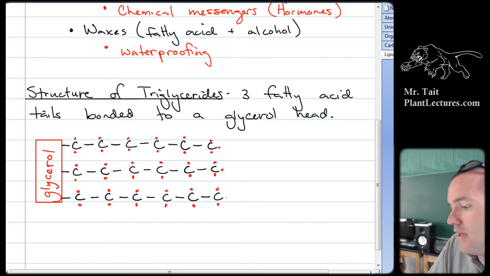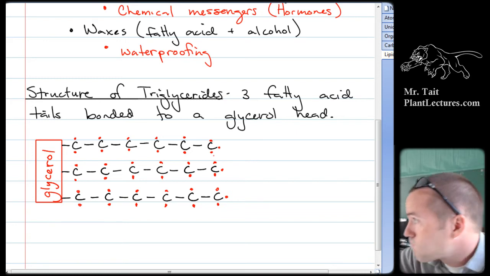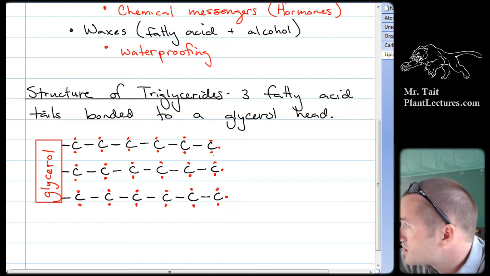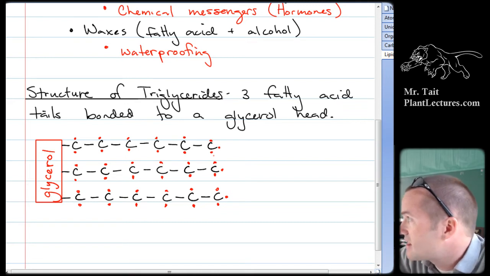We put them here because we know that each of the carbons has to be bonded to 4 things because it's got 4 bonding sites. And so these ones on the end, for instance, only have 1 carbon-carbon bond, and therefore they're going to have 3 hydrogens on them. Okay? So, first thing about this. Why is this hydrophobic?